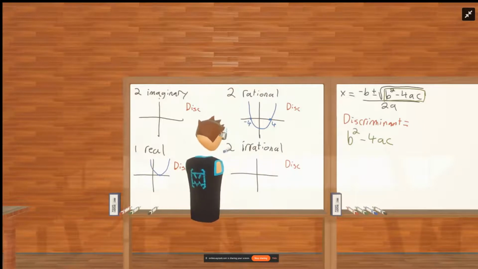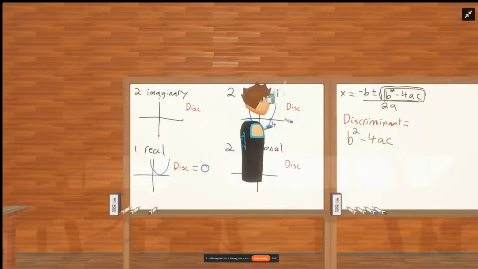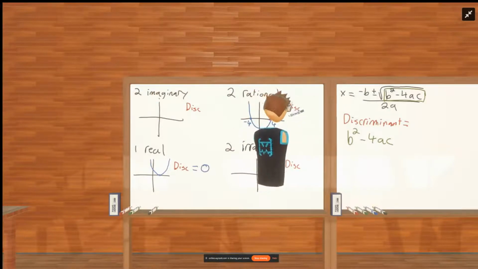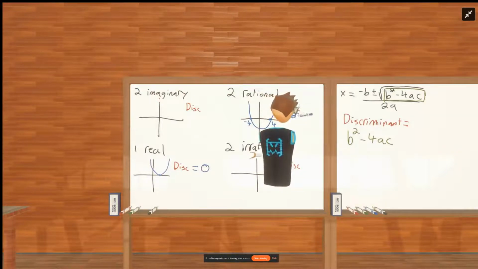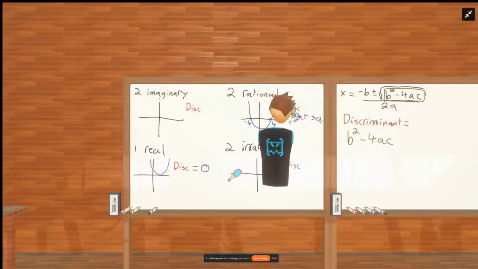So it has to be a perfect square. And it has to be positive, so that you can actually take the square root. So discriminant, perfect square here. Square, I'll put that. That is positive.